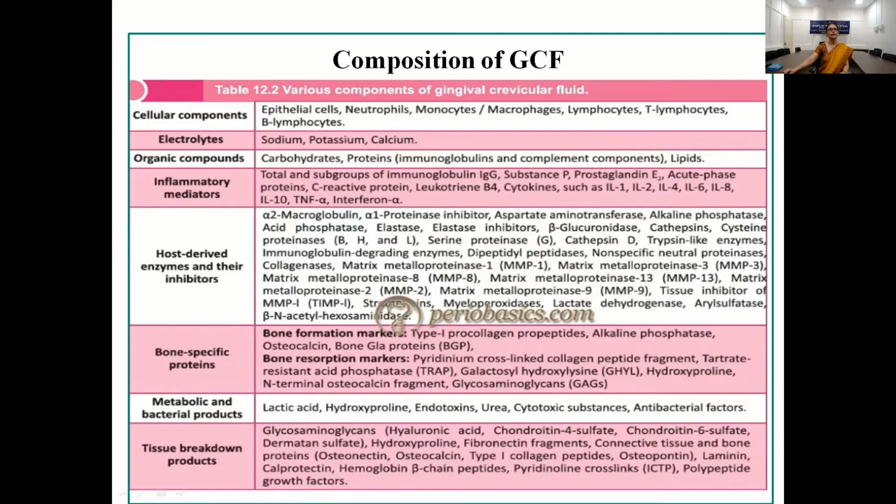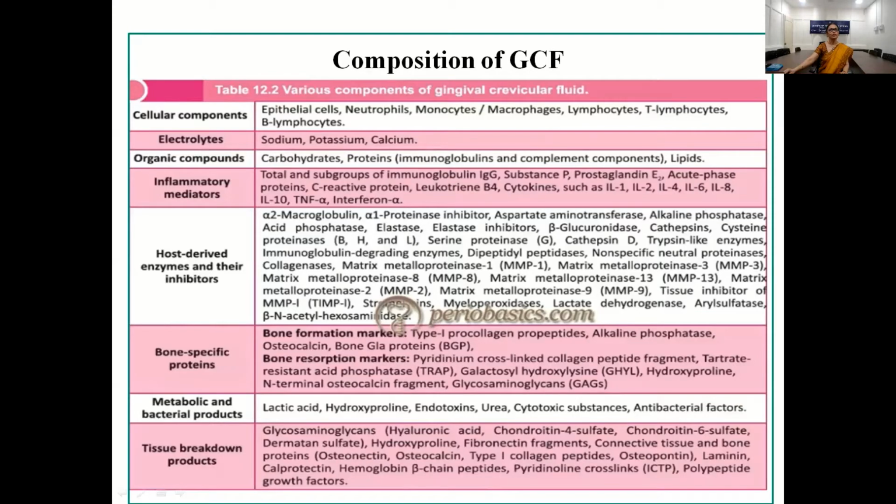It also contains inflammatory mediators like immunoglobulins, prostaglandin E, C-reactive proteins, interleukin 1, 2, 4, 6, 8, tumor necrosis factor alpha, interferon alpha.